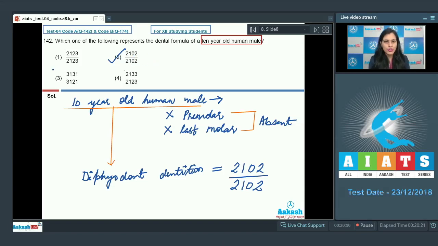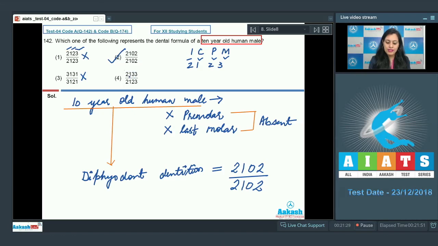Let's discuss other options also. The first option given is 2123, and this is an incorrect option because this is the dental formula for an adult human. The next option given is 3131 by 3121, and this is an incorrect option because the arrangement of teeth in half of the upper jaw and lower jaw, which is represented by ICPM that is incisor, canine, premolar and molar, is given by 2123 and not by 3131.